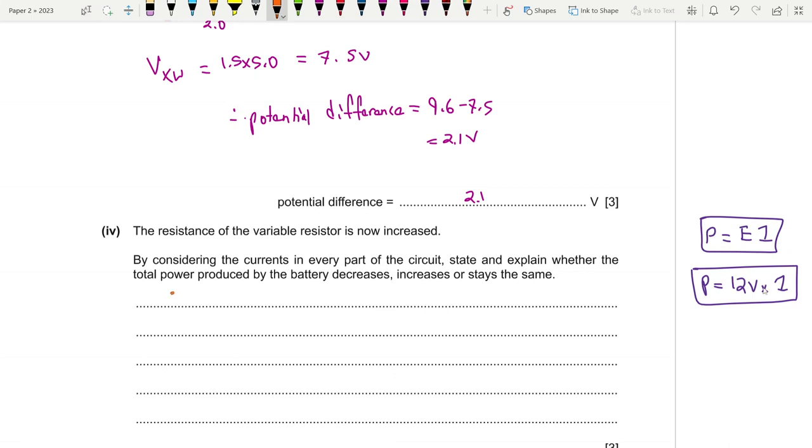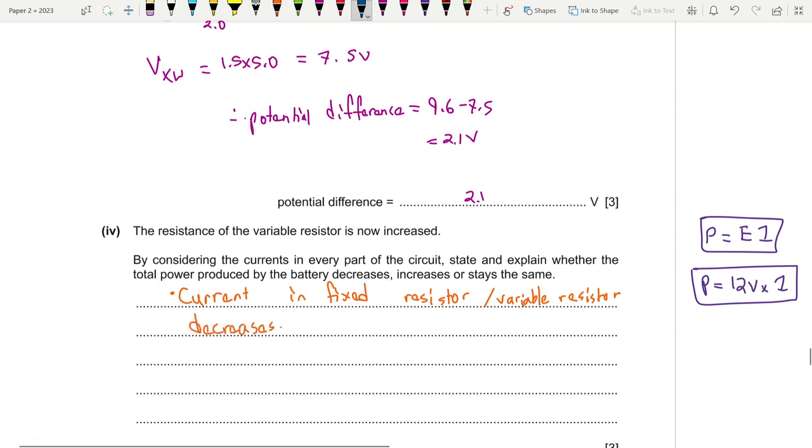Okay, so this is how you write it. Current in the fixed resistor or variable resistor decreases. That's point number one. Okay, now the current in the resistance wire remains unchanged.